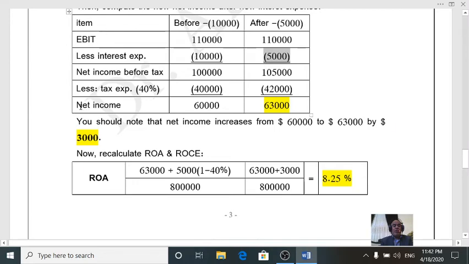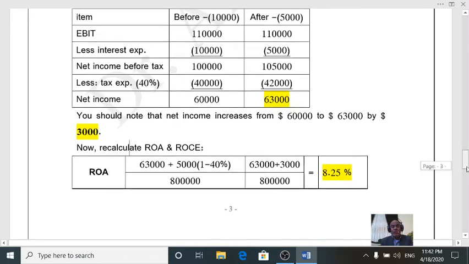After you finish the computation, you will get that the net income of New Look Corporation will be 63,000. So we note that net income increased from 60 to 63, by $3,000.